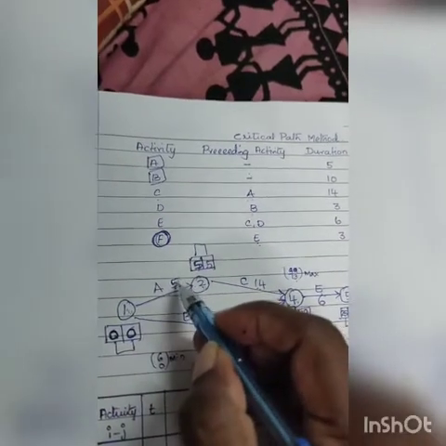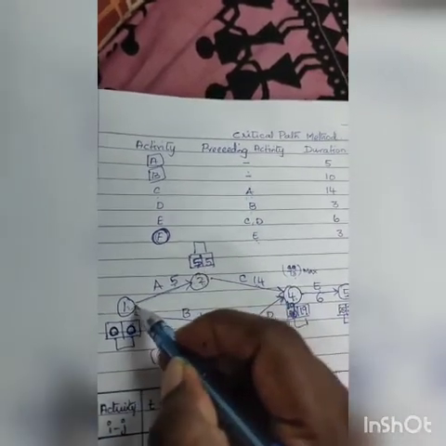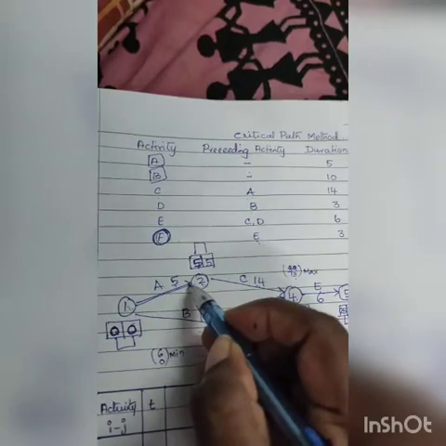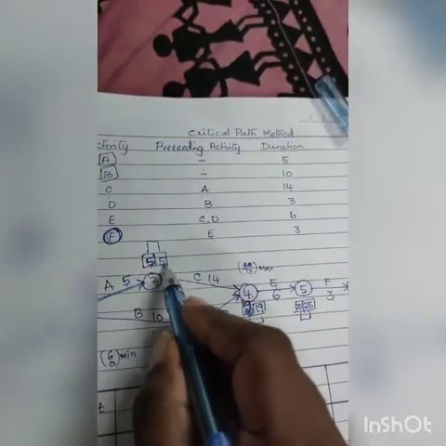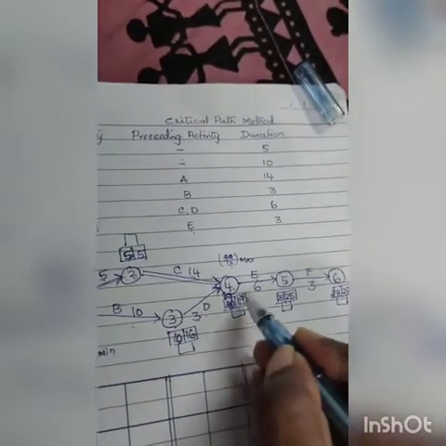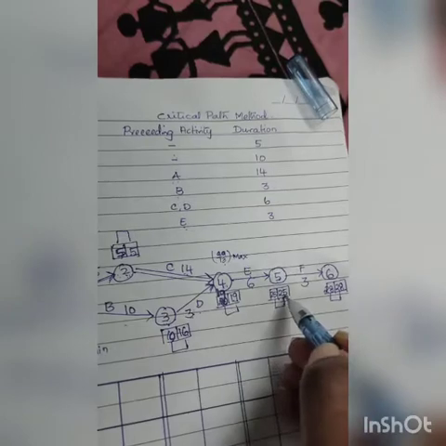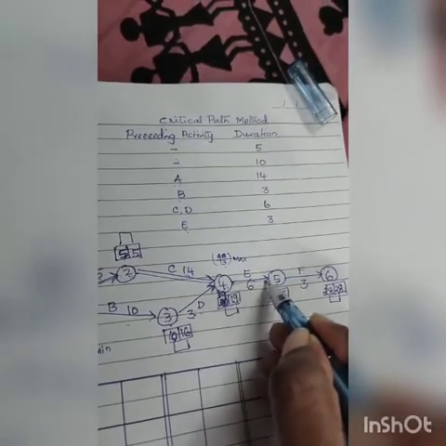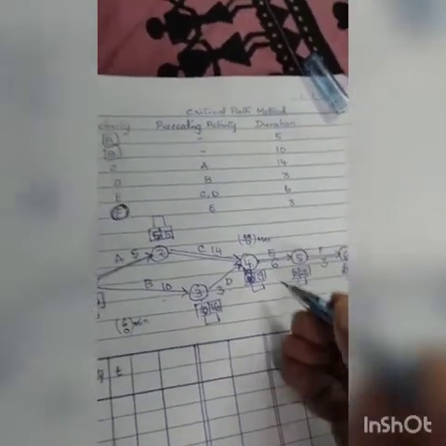Now if you notice, there is 0, 0, 5, 5, 5, 5, 19, 19, 19, 19, 25, 25, 25, 25, 28, 28. So this is called a critical path.